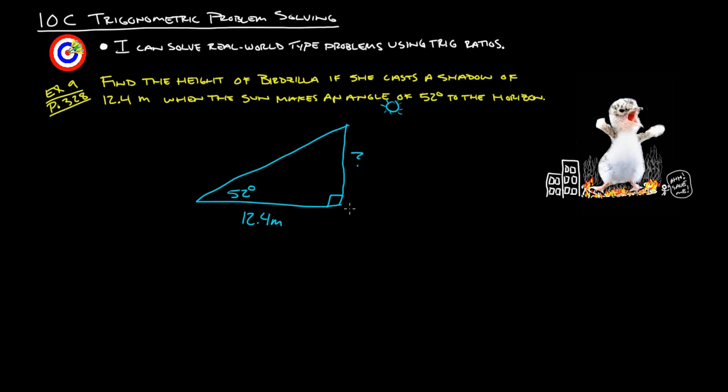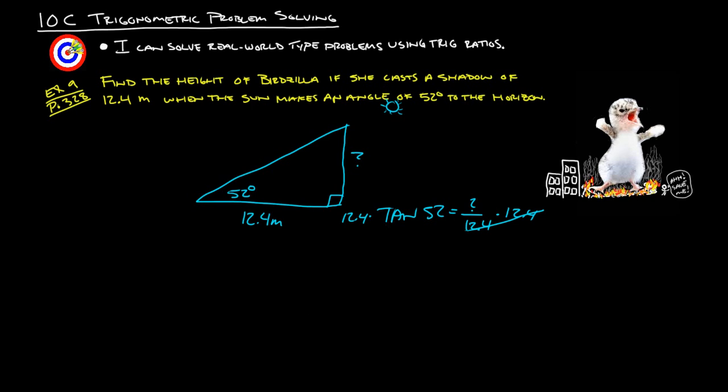So that's the big part of the problem here usually, is just trying to figure out the setup, what the picture looks like. Alright, so once we have that, we need the opposite side and we have the adjacent side. So that would be tangent of 52 equals opposite, which is question mark Birdzilla's height over 12.4. So we multiply both sides by 12.4.